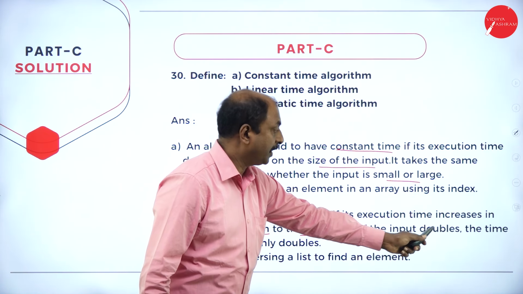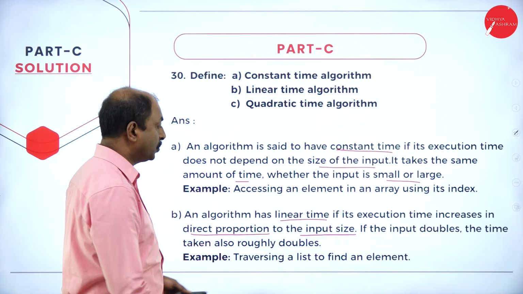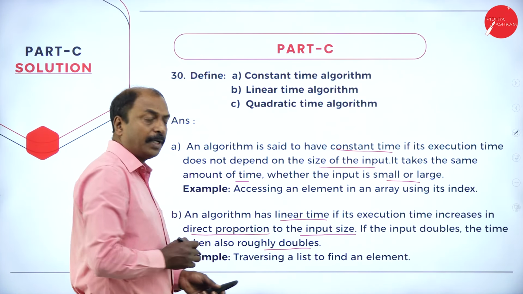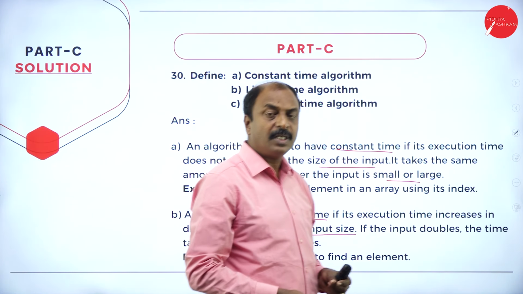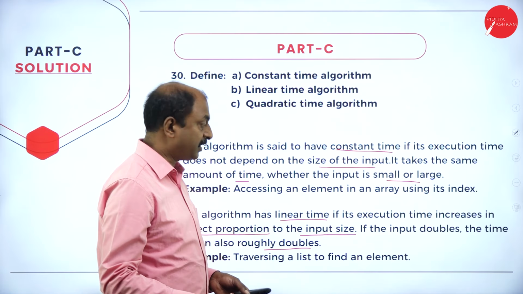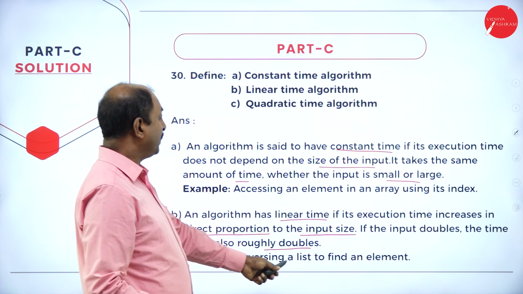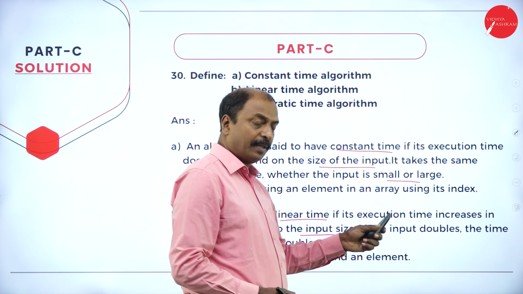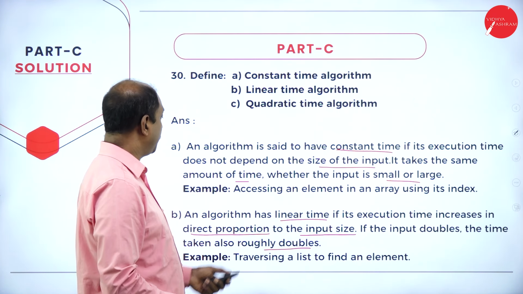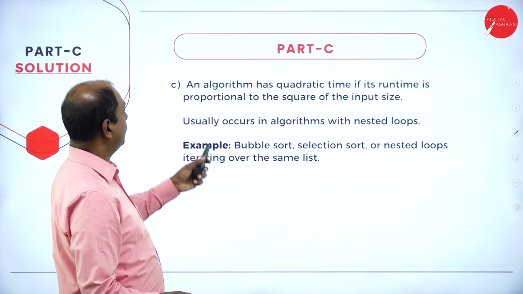If the input doubles, the time taken also roughly doubles. As the size of the input increases, time also increases. An example is traversing a list to find an element.